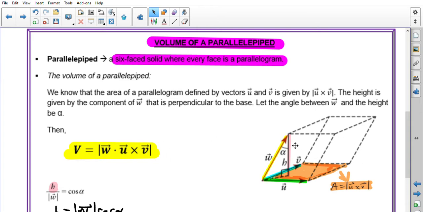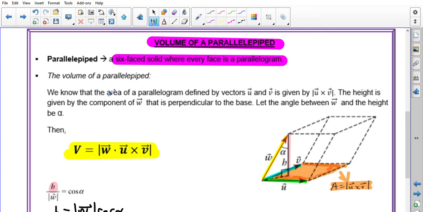And here's why. So if we look at this shape at the bottom, remember, we always start with the cross product, so u cross v. We know that the magnitude of u cross v from our other lesson is the area of the parallelogram that it creates.